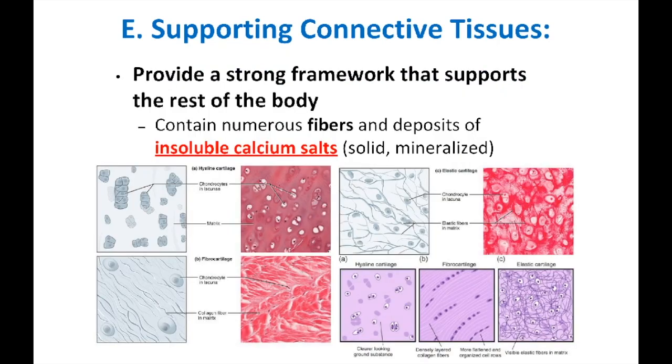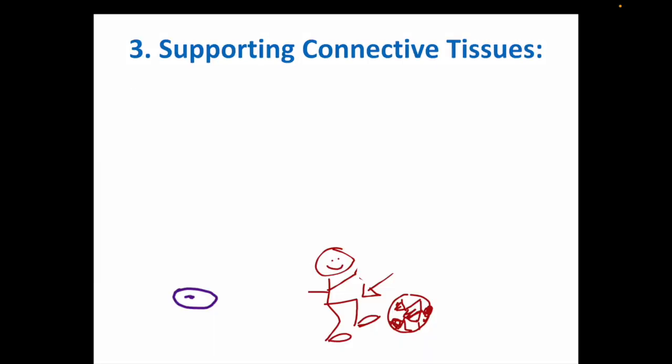These provide a really strong and rigid framework that helps support the rest of your body. The main thing here is they have lots and lots of fibers and deposition of lots of minerals, particularly insoluble calcium salts. They help create that rigidity in your skeletal frame that helps you stay upright.